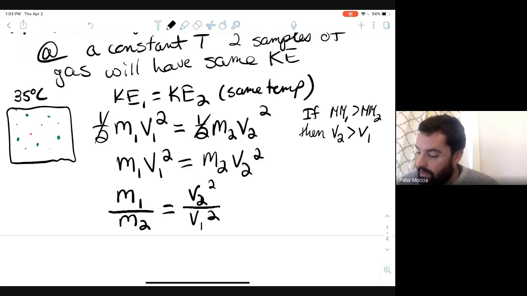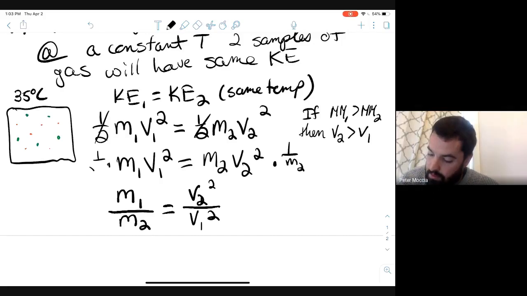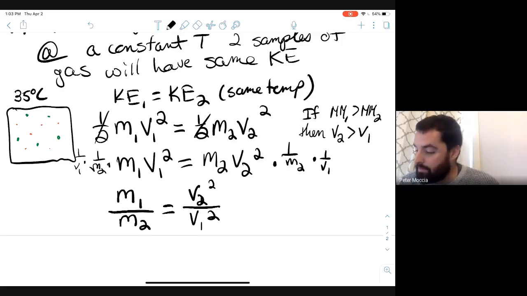What I did here is I multiplied both sides by 1 over m2, and then I multiplied both sides by 1 over v1 squared.